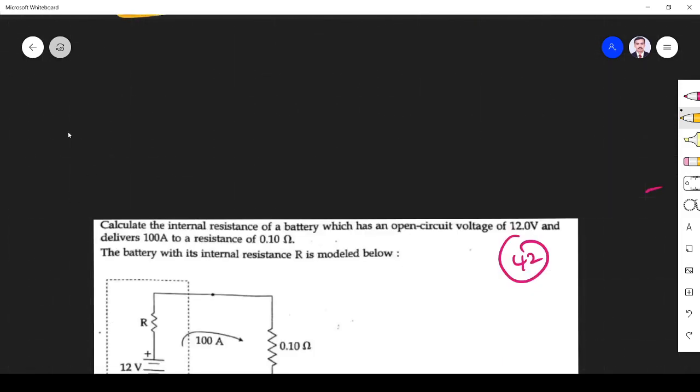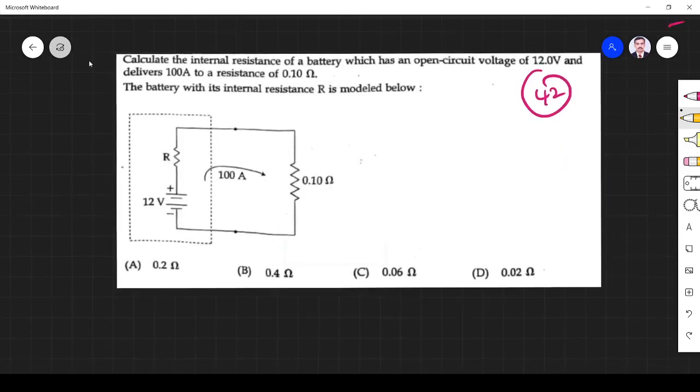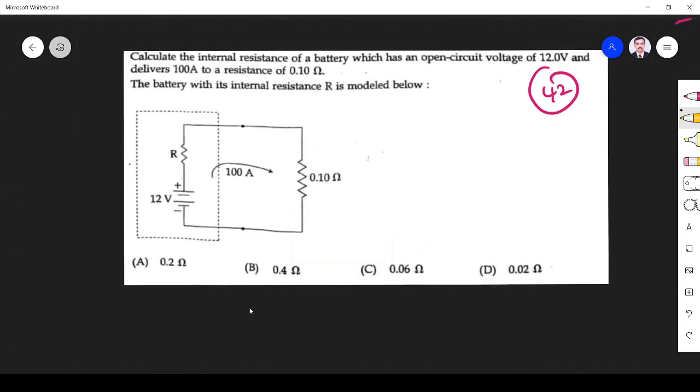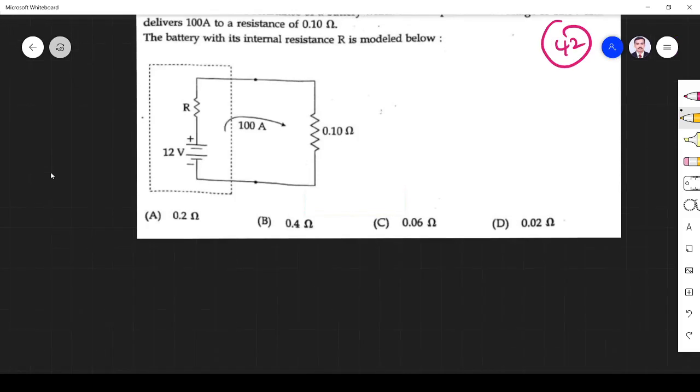Okay, next one. Calculate the internal resistance of a battery which has an open circuit voltage of 12 volt and delivers a 100 ampere current to a resistance of 0.1 ohm. So what is my I? I is equal to V by load resistance plus internal resistance, that we know already. So V is nothing but 12 volt, RL 0.1 plus R, which I don't know.